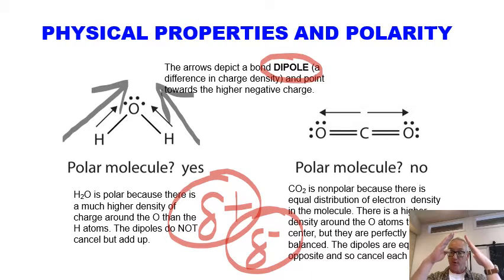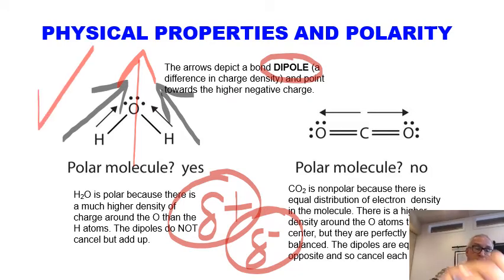They're pointing toward oxygen, yes, but they're also pointing up. So if I was to add them together, overall I would get a molecular dipole that pointed up. So is that a polar molecule? Yep, because if I add the two bond dipoles together, which are both pointing up, net, yes. Adding them together, it's also polar.